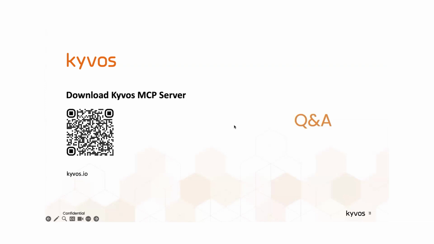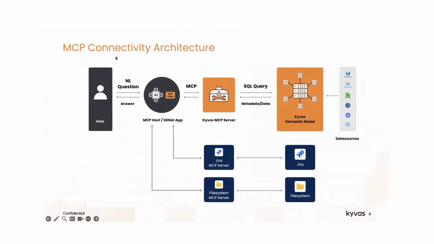If you can see in the architecture diagram, let me go back to the architecture diagram. Here, as you can see, the Kyvos semantic model can fetch the data from a variety of data sources, including SAP HANA. So yeah, short answer is yes, Pravesh. You can use the Kyvos MCP to fetch the enterprise system data via Kyvos semantic model layer.